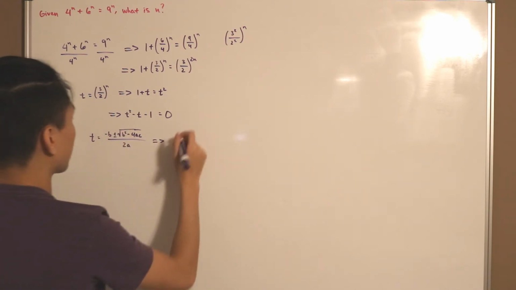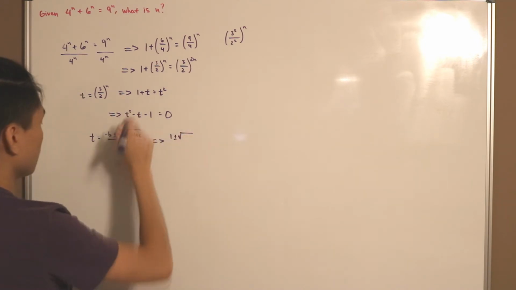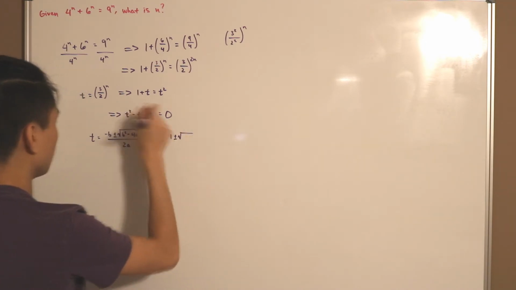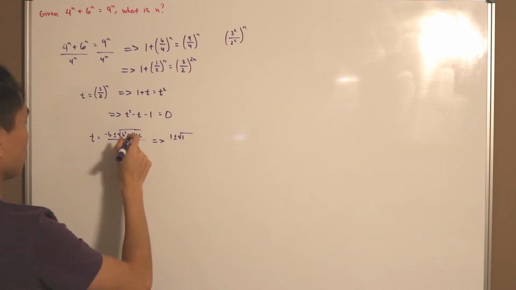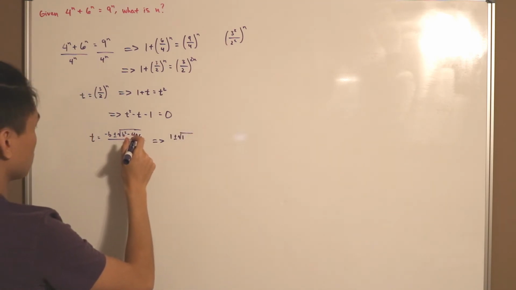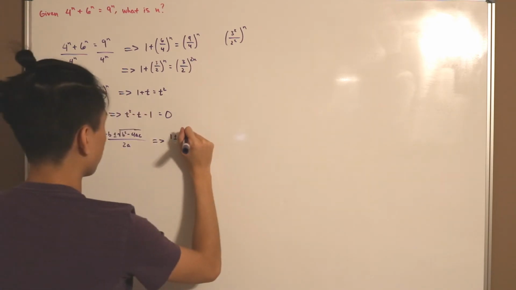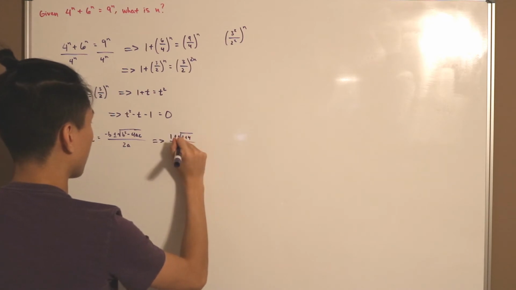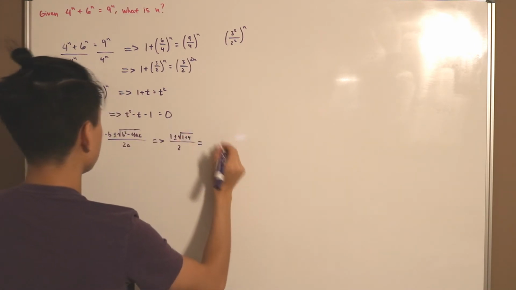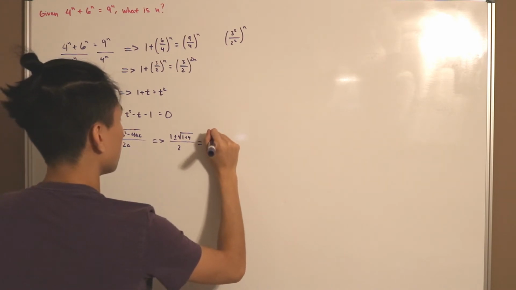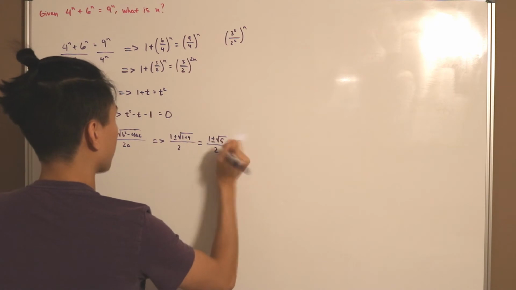Negative b, so this will just be 1 plus or minus the square root of b squared, which is negative 1 squared, so that's just 1, and then minus 4 times 1, then times negative 1, so that'll just be plus 4, and then divided by 2 times 1, so it's just 2. In other words, t is equal to 1 plus or minus the square root of 5, divided by 2.